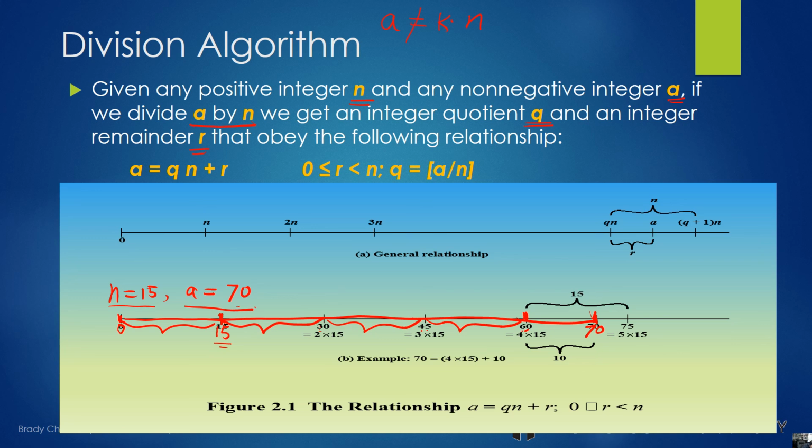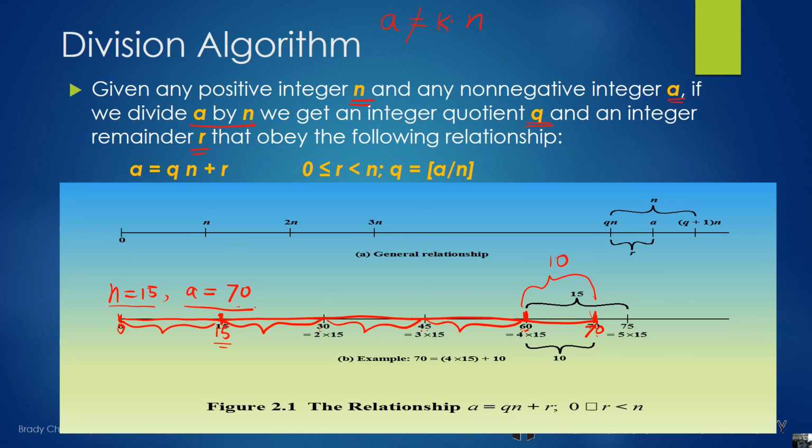If we try to cut another piece of 15, that's not possible, because from 60 to 70 there are only 10 remaining. There's no way we can cut a portion of 15 from 10, right?